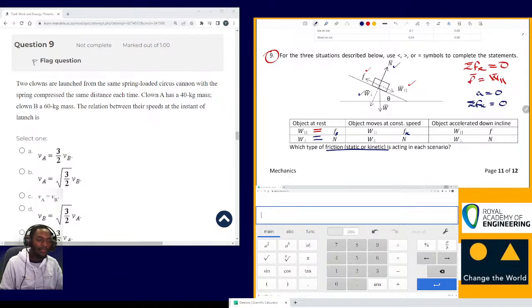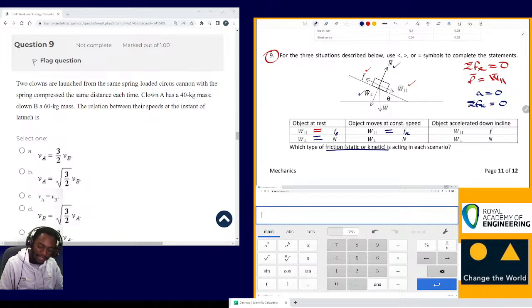Remember, Newton's second law of motion states that to every accelerating body there is a resultant force. So this body is not accelerating, it's moving at a constant speed. What that means is that the summation of forces in that axis should be 0. That makes these two equal.